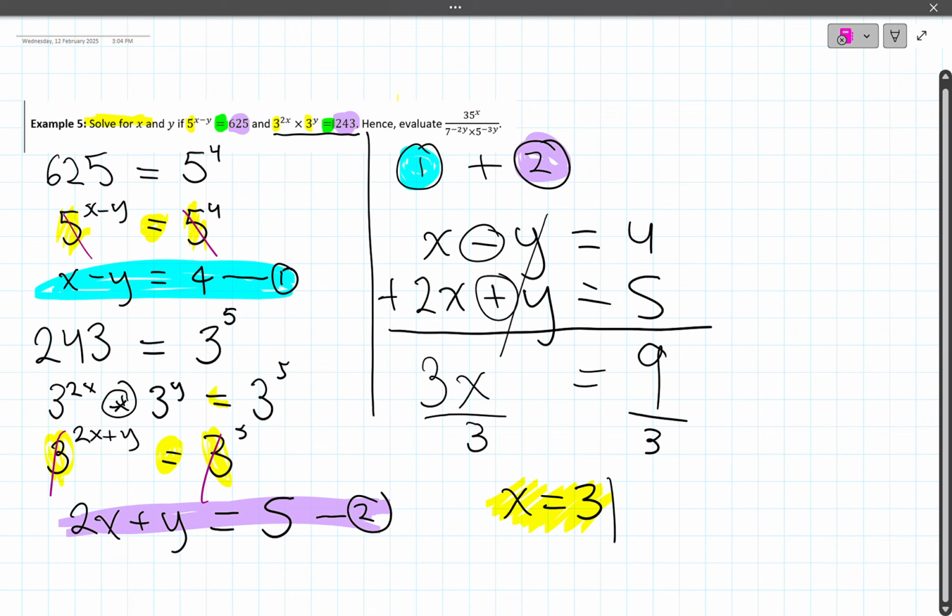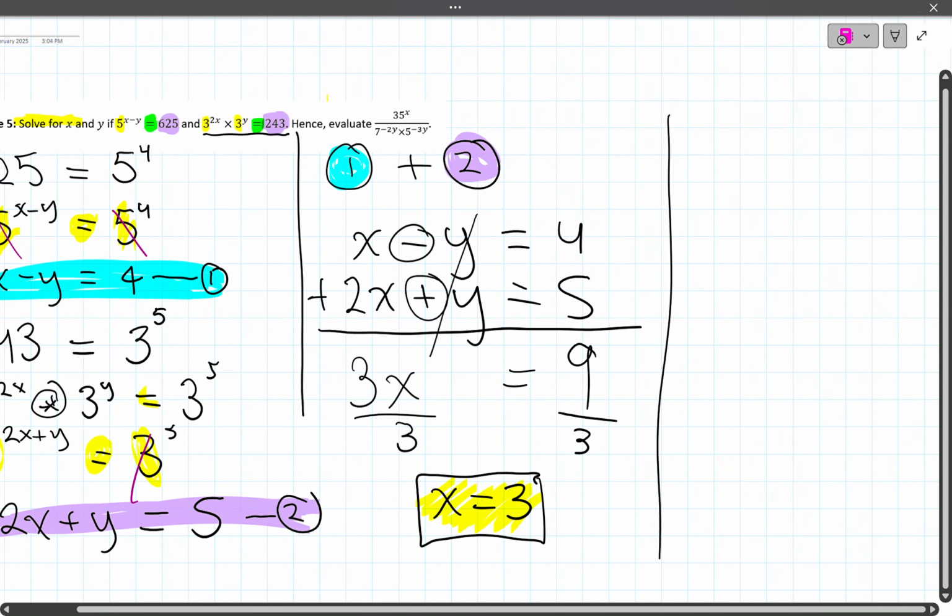And all you need to do is substitute x equals 3 into one of your equations, either equation 1 or equation 2. So I'm going to do equation 1 because it's a little easier. So let's choose the easier one. So when x equals 3, x minus y equals 4, and I'm going to substitute that x with a 3.